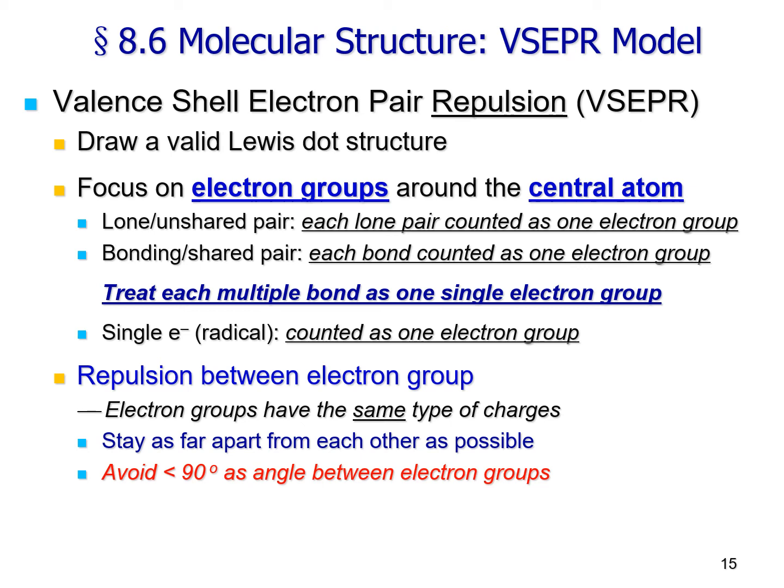Because at 90 degrees, those two electron groups are too close to each other. Most of the time, as it turned out in Gen Chem 1 class, 90 degrees is the limit, and the angles between the electron groups can no longer be less than 90 degrees.